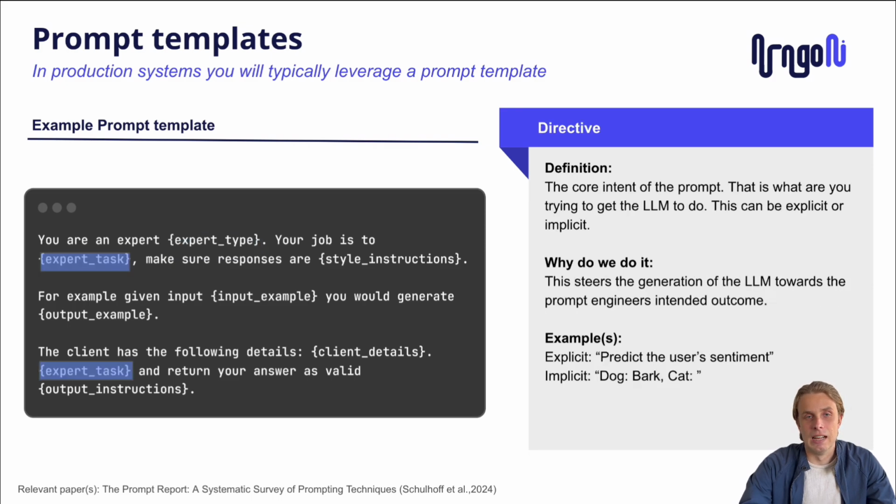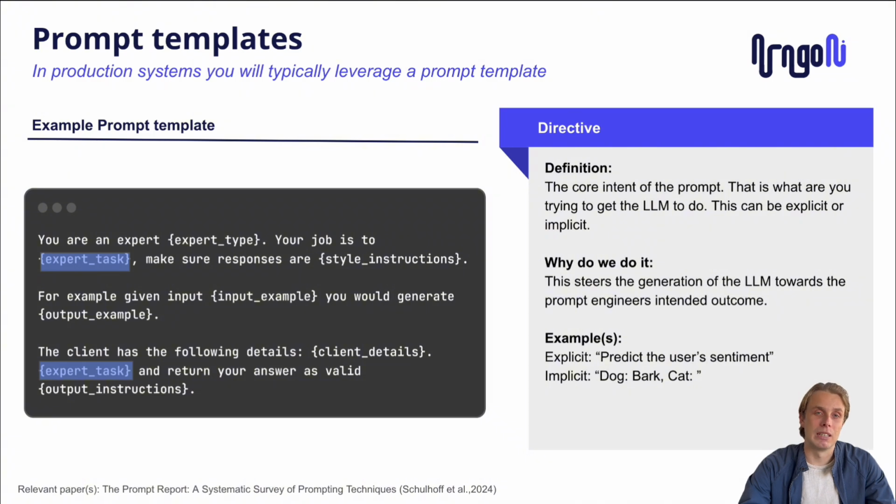The directive. This is going to be core to all the prompts that you use. You can think of this as the actual instruction for what you want this language model to do and what you are trying to direct its output to be. It could be, for example, predicting the user sentiment, classifying something as fraud, or generating ad copy. Those examples would be explicit directives, but it can also be implicit.